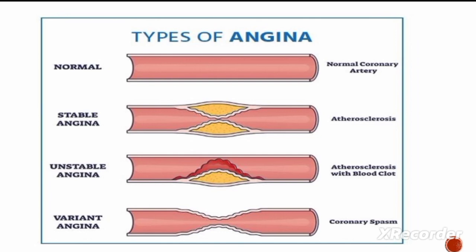The pain is usually an unpleasant feeling, described as constrictive, squeezing, heavy, choking or suffocating sensation. The pain starts as a burning sensation in the epigastric region and appears substernally.